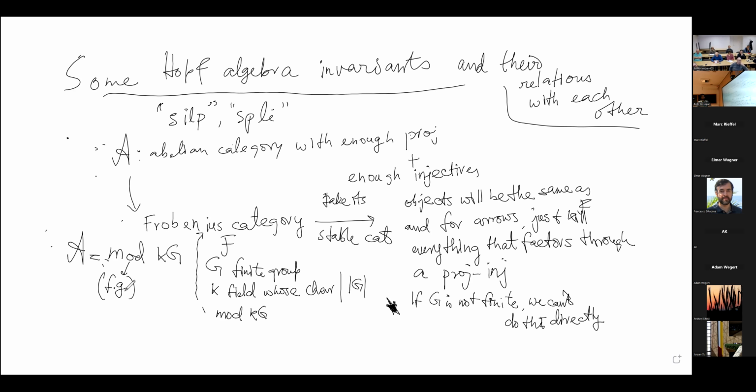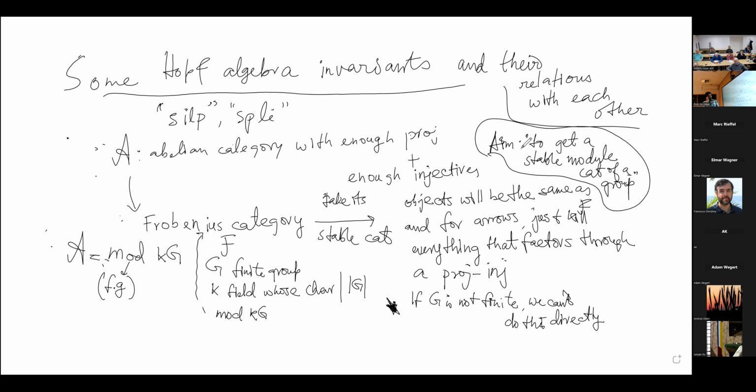But is that good enough? And why are we doing this? We are doing this in this case to get a stable category. A small aim is to get a stable module category of a group. Stable in what sense?